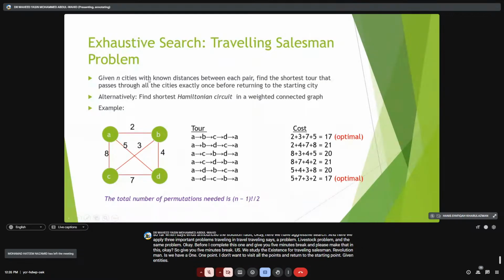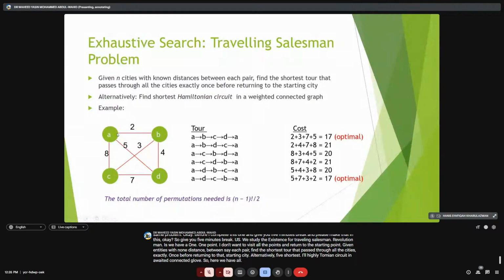Given n cities with known distances between each pair, find the shortest tour that passes through all the cities exactly once before returning to the starting city. Alternatively, find the shortest Hamiltonian circuit in a weighted connected graph.